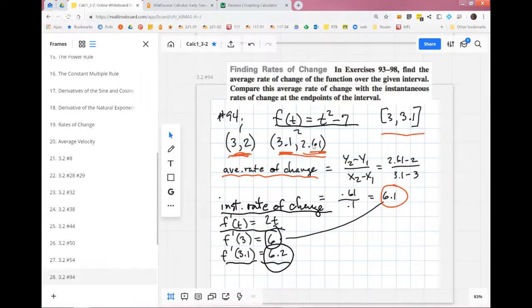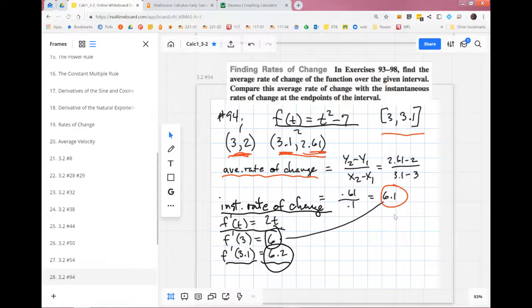So we have 2 ordered pairs. Average rate of change is just slope. And as you know, it doesn't matter which point you call 1 and which one you call 2, as long as you don't change your mind halfway through. What's the slope? 6.1. Okay, so there's the answer to the average rate of change.